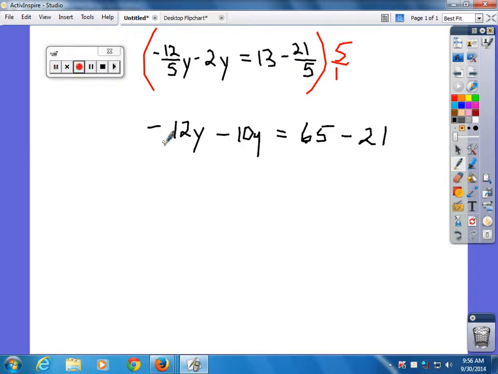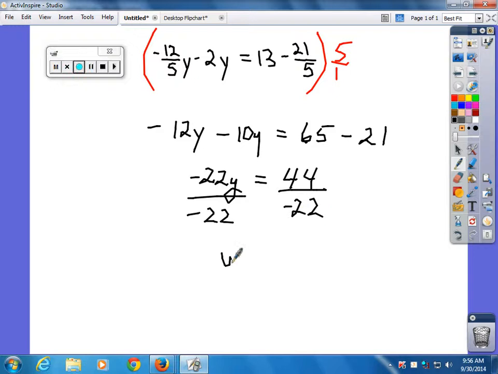Negative 12 minus 10 is negative 22y is equal to 65 minus 21 is 44. And then divide by negative 22. I usually don't like to divide by negative, but that's the way it came out. Y is equal to what? Negative 2.